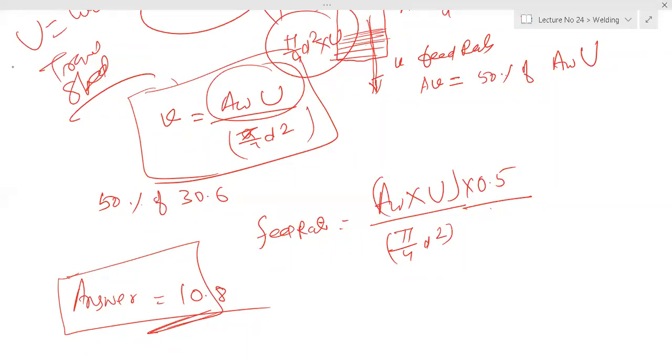As per your problem, you have to check whether it is 100% parent material or 100% filler material. Fine, everybody fine.